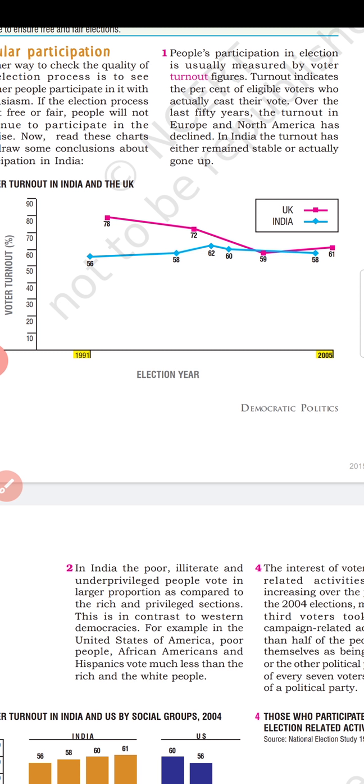So voter turnout means its ratio, its proportion of eligible voters who participate or cast their vote on the day of election.